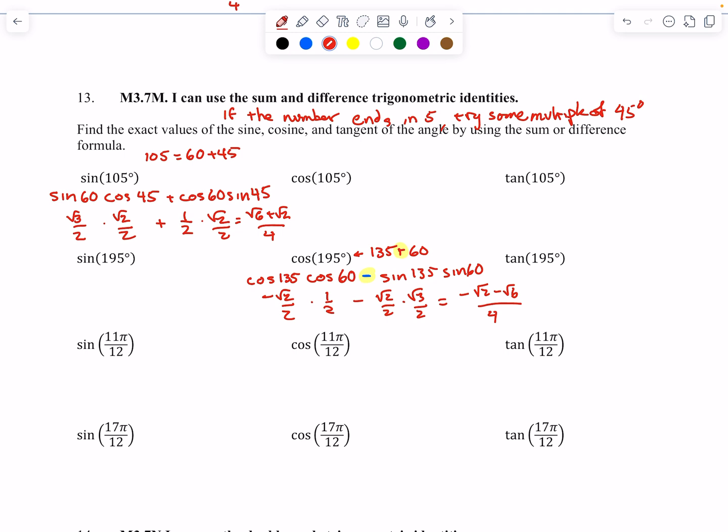Ugh, 11 pi over 12. Let's try it this way. Think about it this way. 8 pi over 12 should reduce, and 3 pi over 12. Okay, so that's going to be 2 pi over 3 and pi over 4.